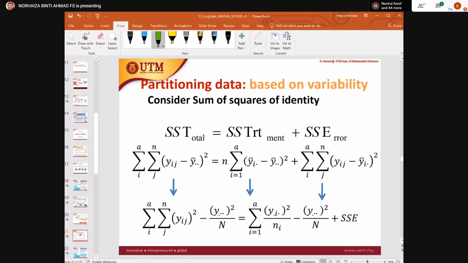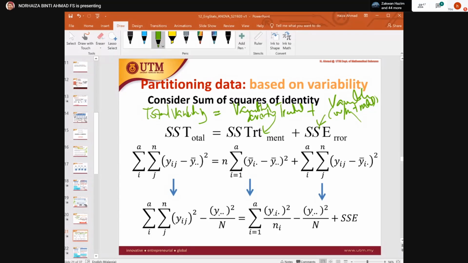So the total variability is equal to the variability due to treatment and the variability within treatment. So this should be the error. Okay, so this is the formula that you use.